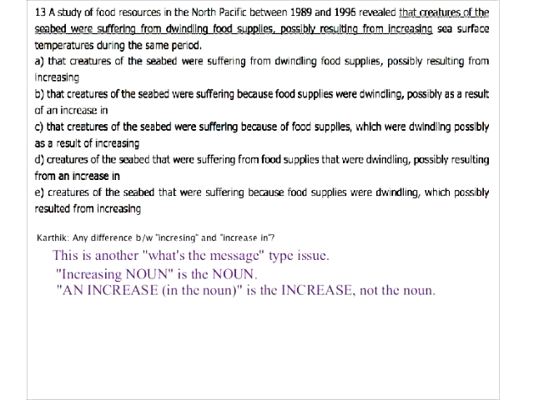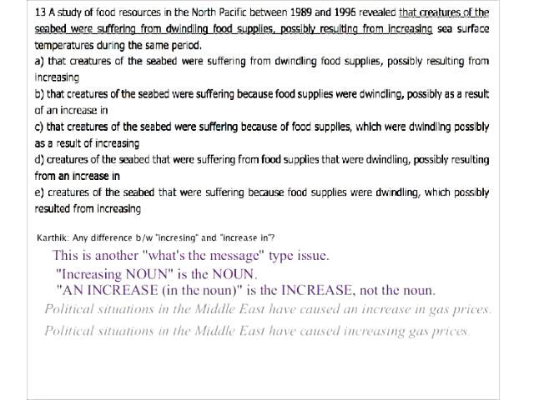Political situations in the Middle East have caused an increase in gas prices, versus political situations in the Middle East have caused increasing gas prices.